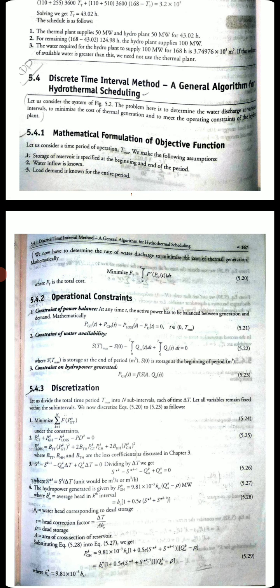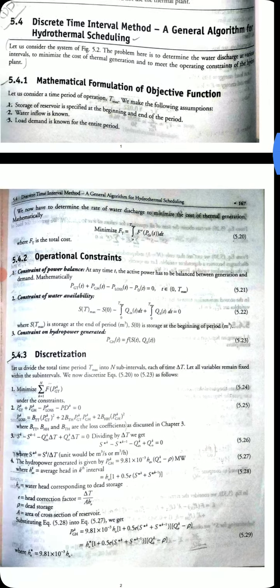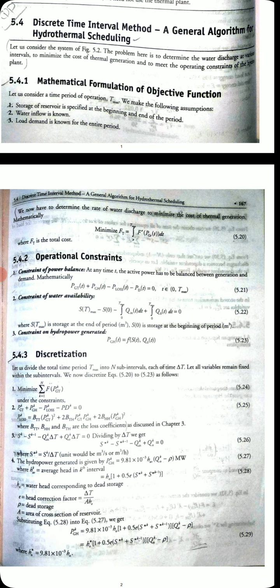That means, to minimize the cost of the thermal plant, what water availability is required in the hydel plant. So our objective function is minimizing F_T equal to the integration from 0 to T max, that is the period from starting 0 to T max, of F dash of P_GT of t dt. So here it is minimizing the fuel cost of the thermal plant. F_T is the total fuel cost.